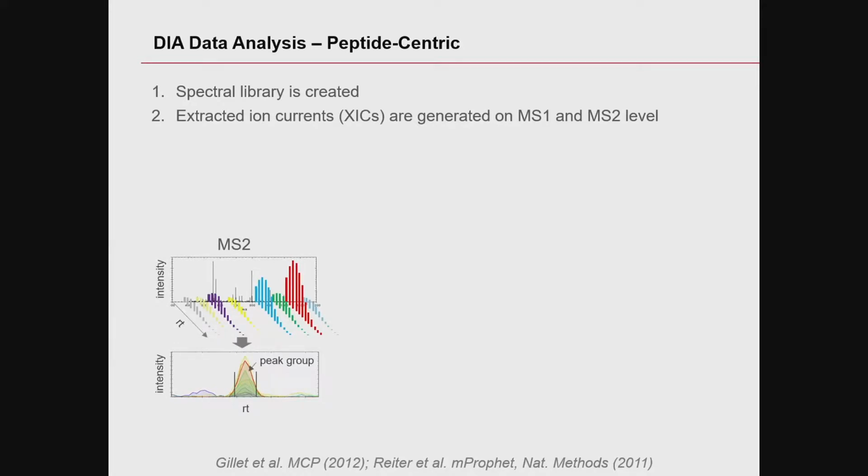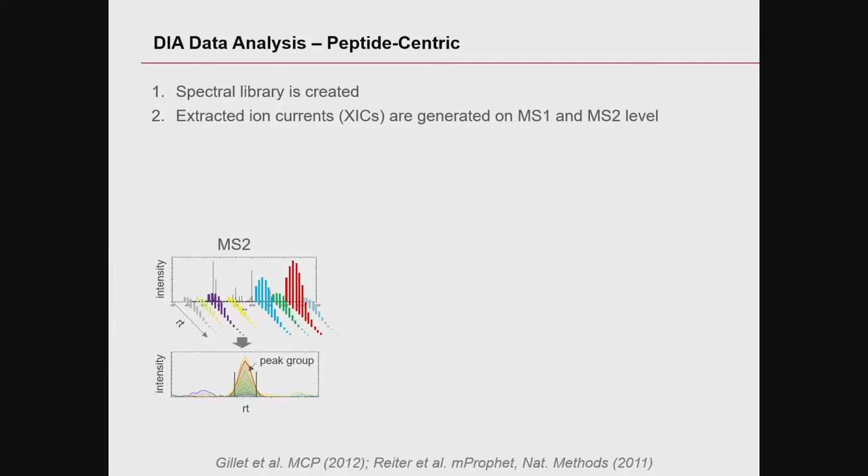Now a little bit something about data analysis. I'm sure you have heard this during the course this week. Some words on what is called peptide-centric analysis of DIA data. So this normally starts with generating a library. Then you would go into your DIA data, generate extracted ion currents. That's why it's called targeted analysis or peptide-centric analysis. You generate these extracted ion currents. You can look at them over time.